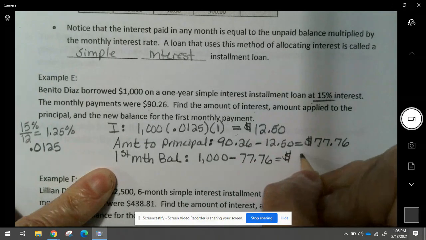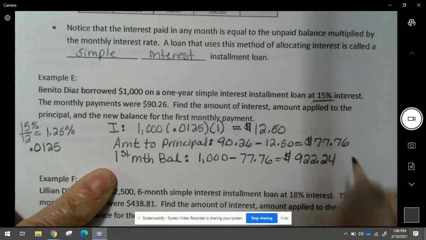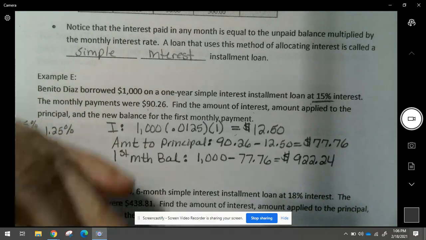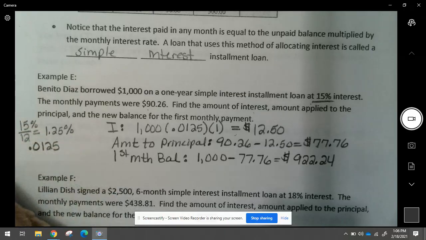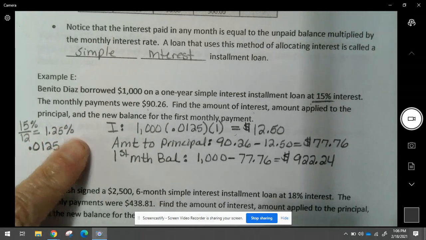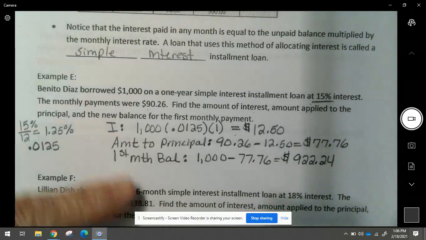And our first month balance is going to be $922.24. Now, the problem doesn't tell us how many months they're going to pay on this loan, but we would continue doing this. This would become our next balance, and we would do the process all over again.